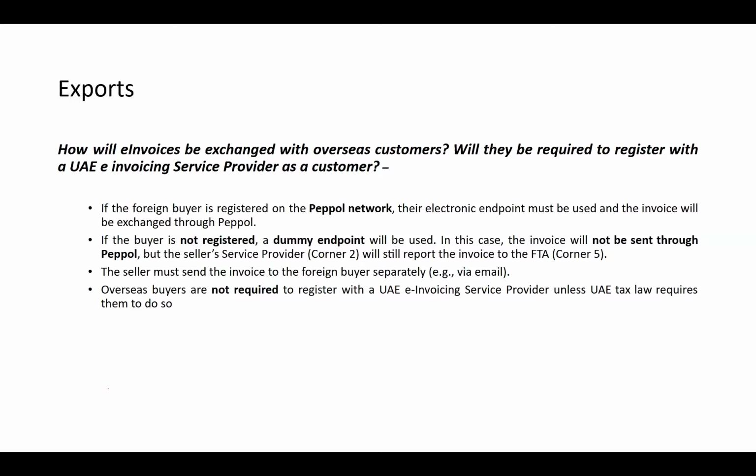And overseas buyers are not required to register with the UAE for the e-invoice as of now, otherwise it is applicable under the UAE law specifically.